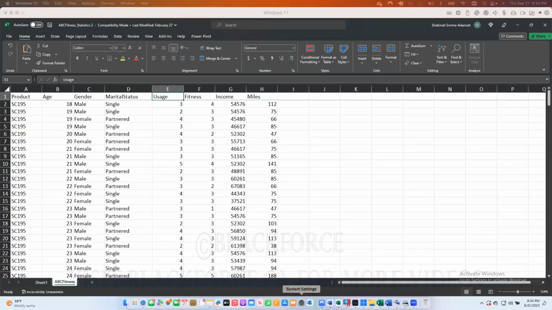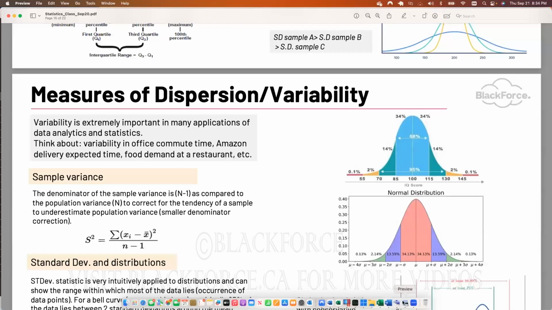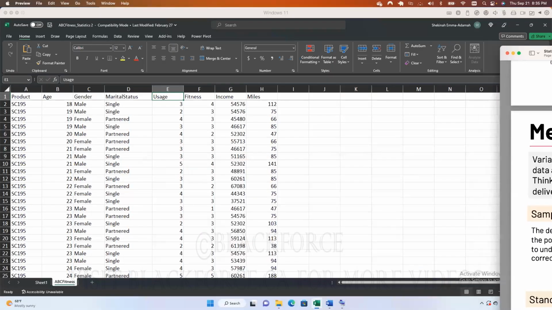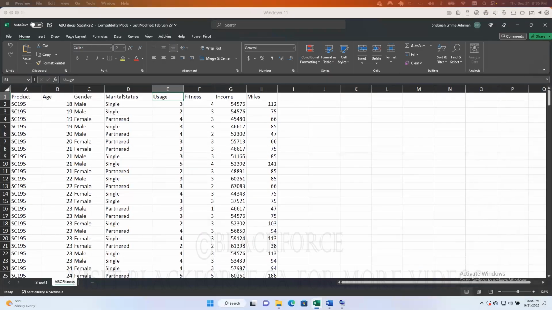I'm just waiting for who has the range for us. Anybody? Are we working on it?